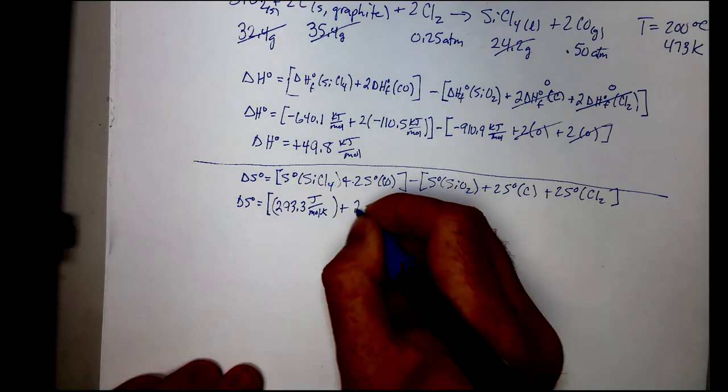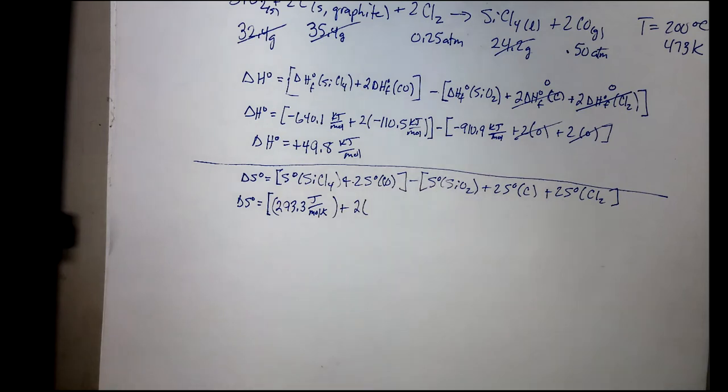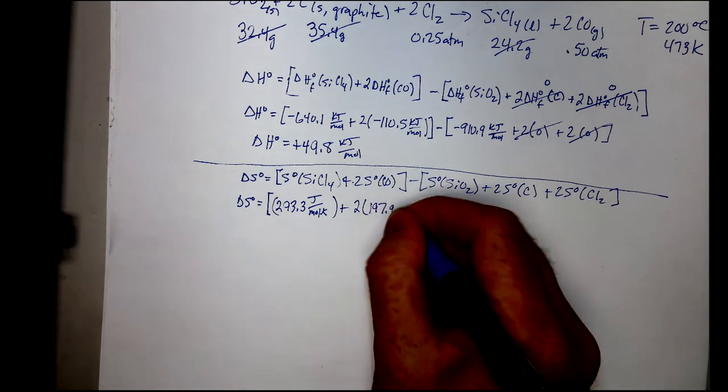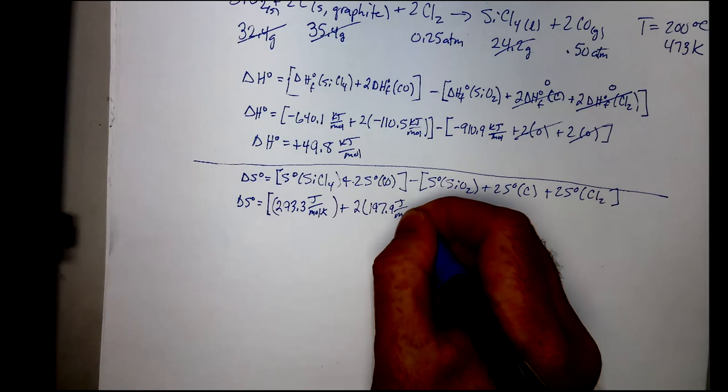plus 2 times the carbon monoxide value, 197.9 joules per mole Kelvin.